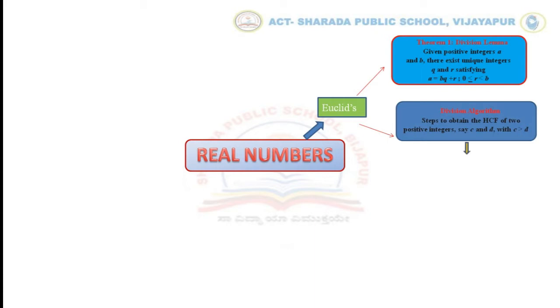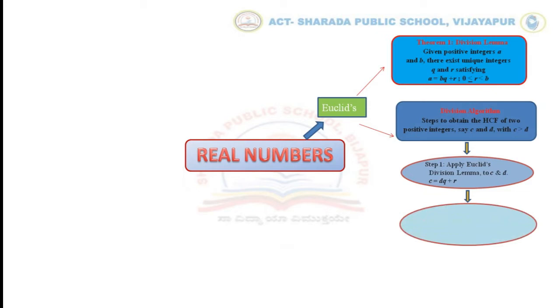And the steps to find the HCF are: apply the Euclid's division lemma to C and D. So C is equal to dq plus r. The next step, if r is equal to 0, then D is the HCF.